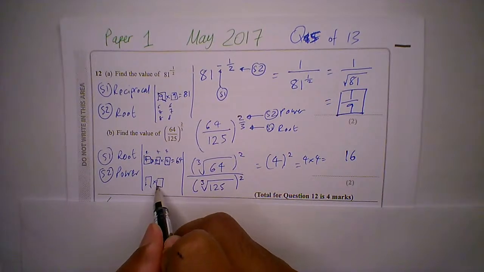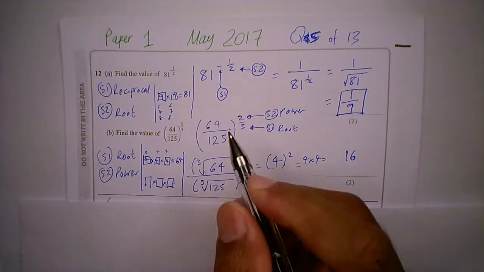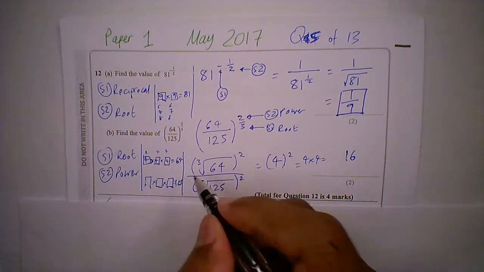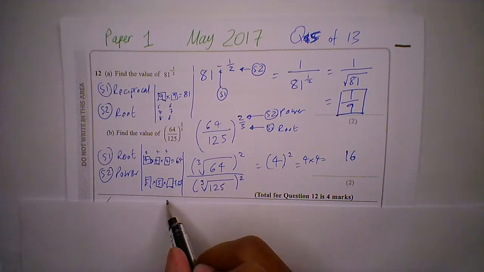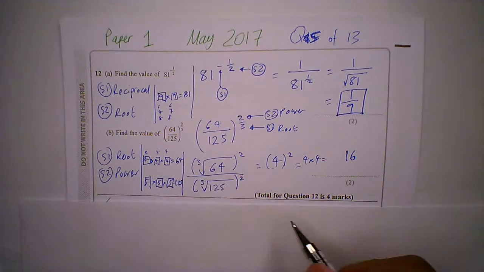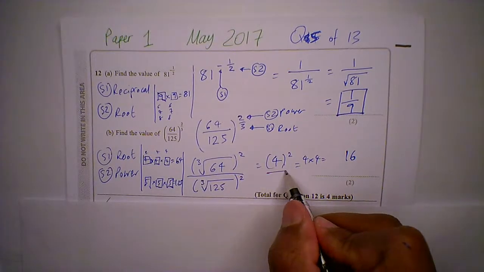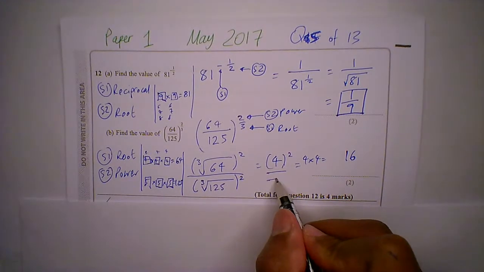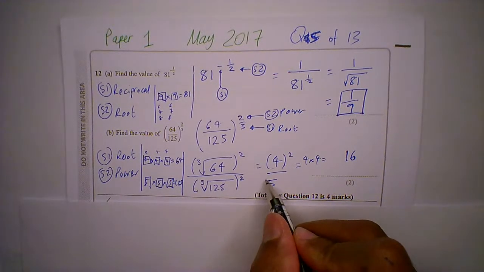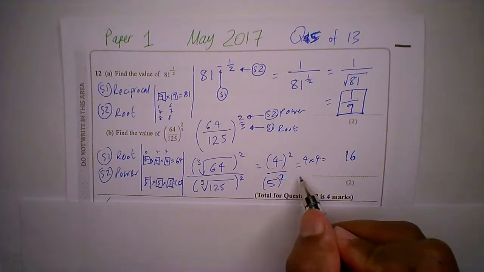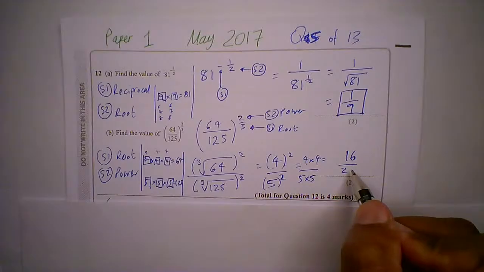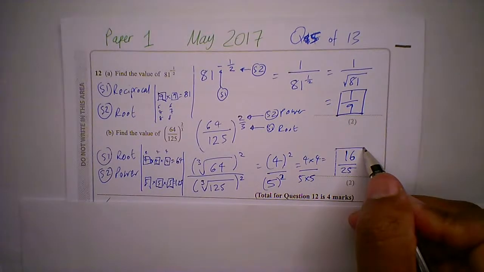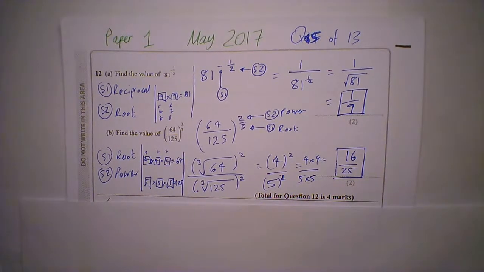Which number multiplied by itself 3 times gives me 125? I've done 4, the next one is 5. 5 times 5 is 25, times 5 is 125. I think this is the second time we're coming across the cube root of 125. So 5 squared, which is 5 times 5, is 25. So my final answer is 16 over 25.